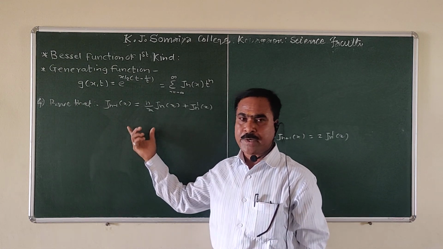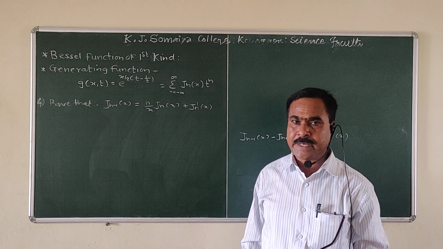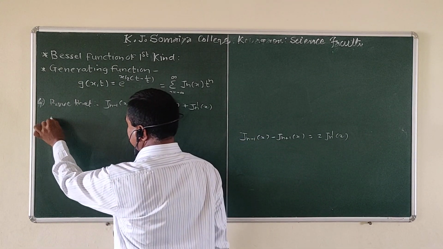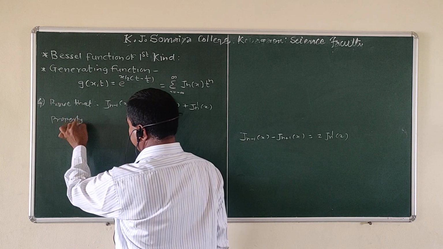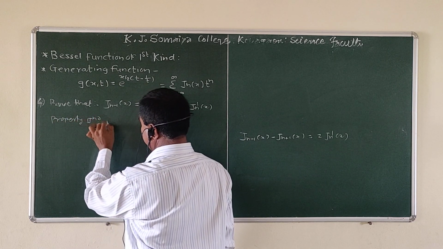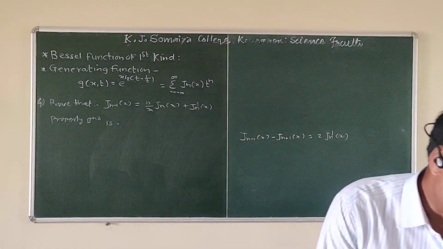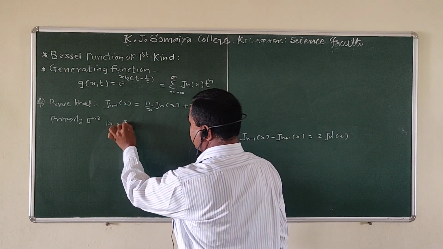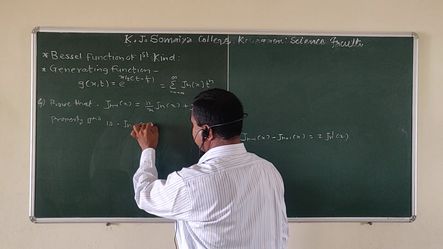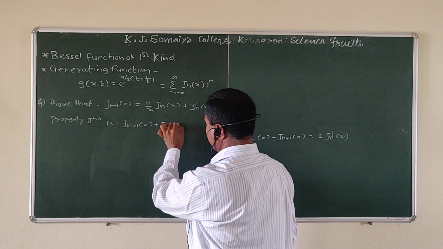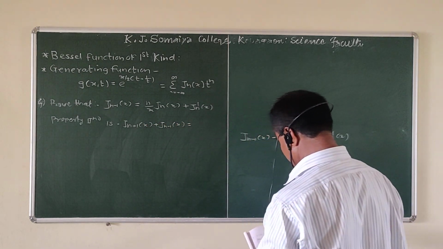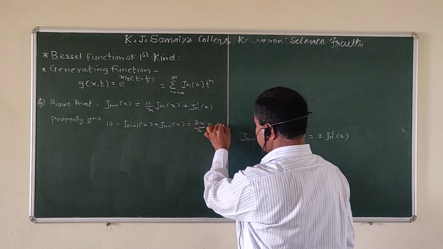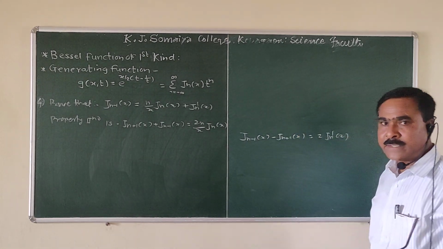In order to prove this property, we have to consider property second and property third. So we consider here property second. The result of property second is J n plus 1 of x plus J n minus 1 of x equal to twice n upon x J n x.